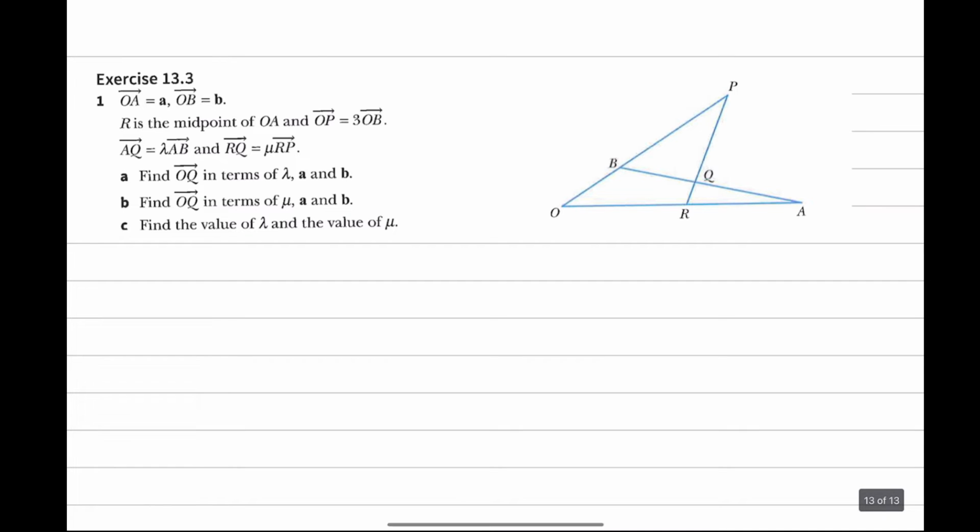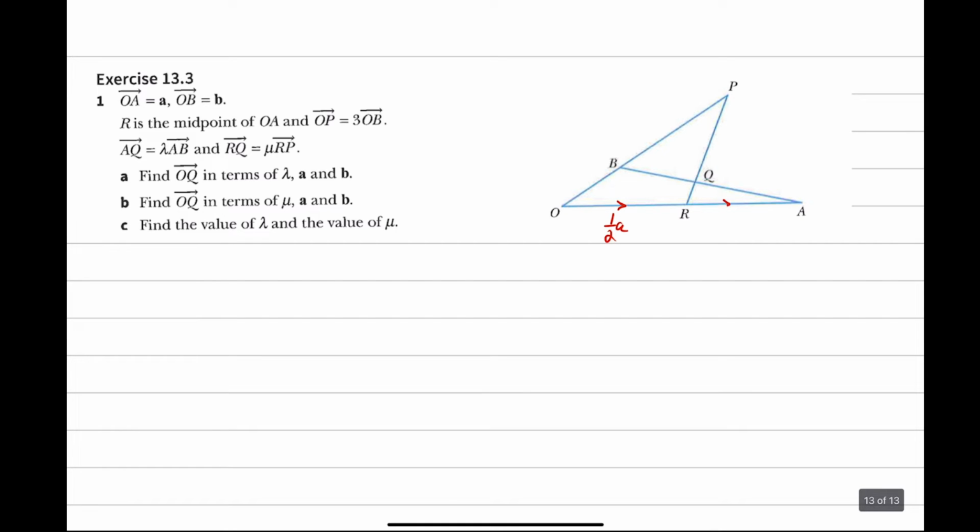Now I'm going to read the question again and start marking the vectors. So if OA equals to A and OB equals to B, and the question tells you that R is the midpoint of OA, how much do you think vector OR is going to be, considering that OA is A and R is the midpoint of OA? So how much? A upon 2 or half A?